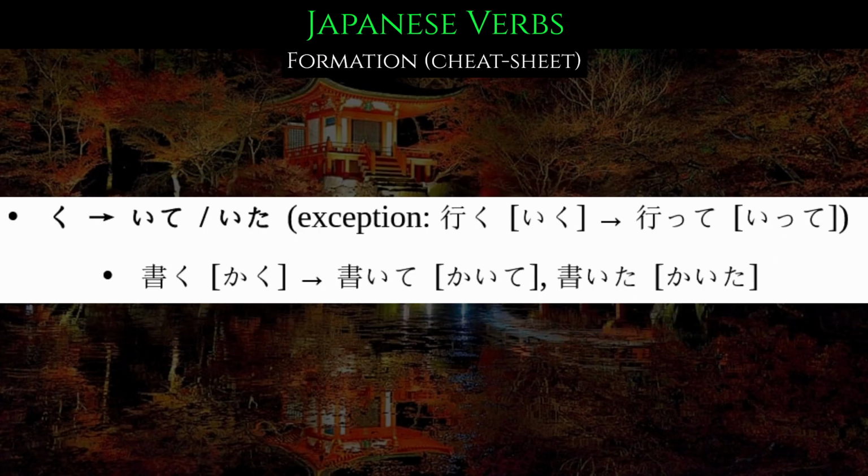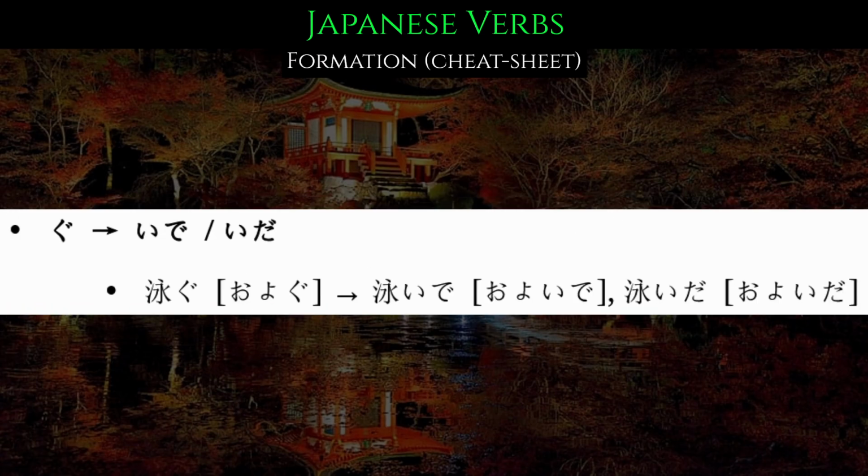This becomes ite or ita, with one exception, iku, which becomes itte or itta. Now, kaku, kaite, kaita. And then gu. Here we have ide or ida. For example, oyogu, oyoide or oyoida.